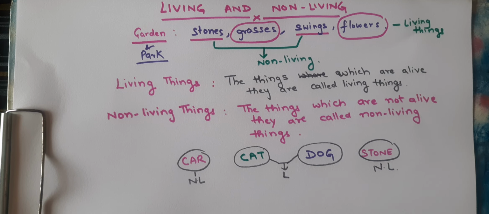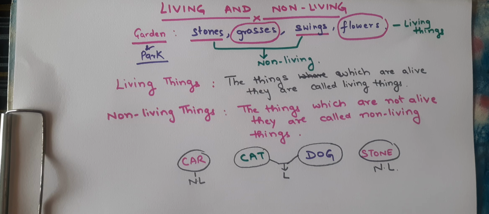So how will you find in general whether a thing is living or non-living? I am going to tell you the main characteristics, the main things you have to notice to categorize a thing into living and non-living.